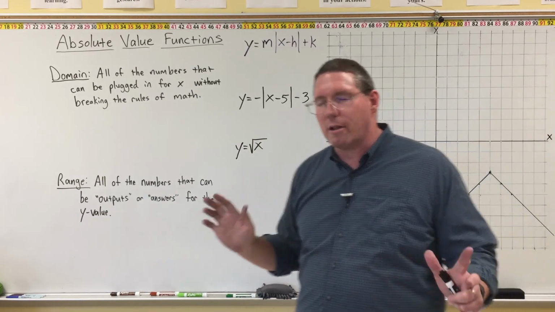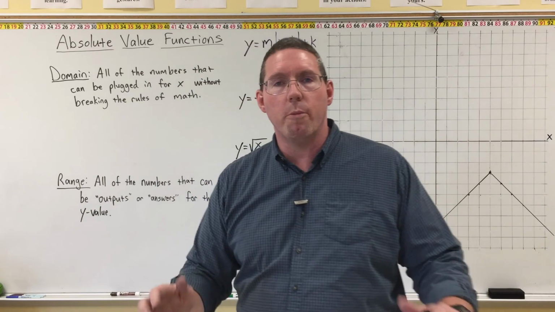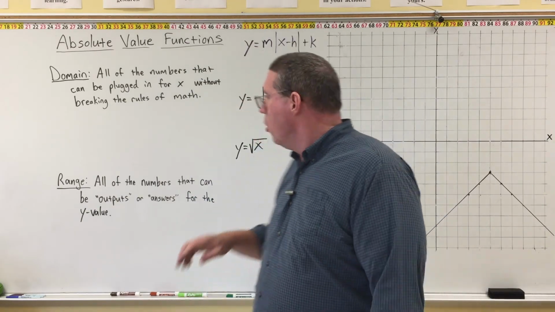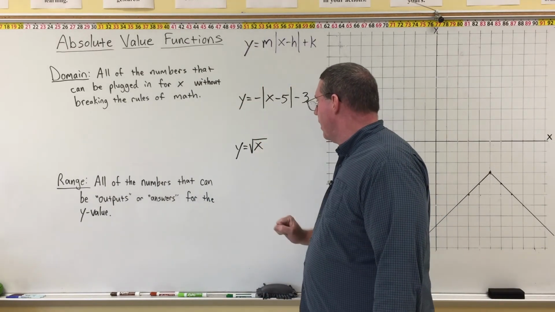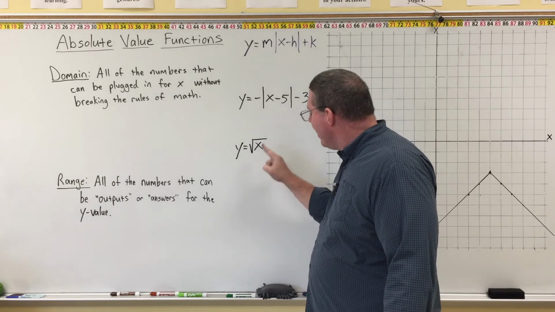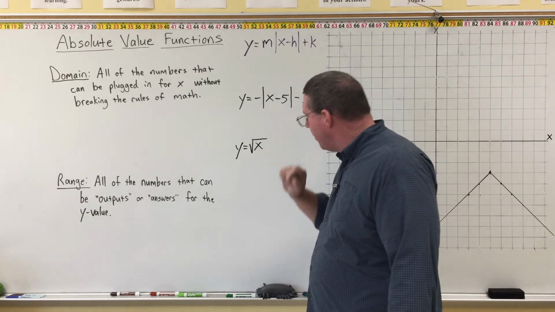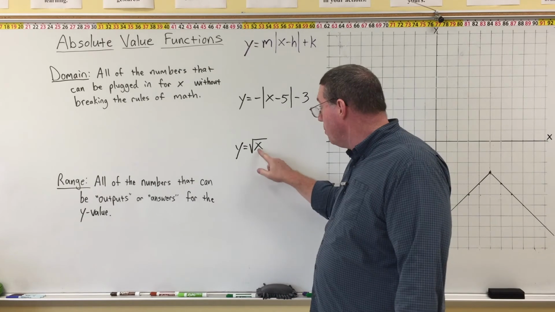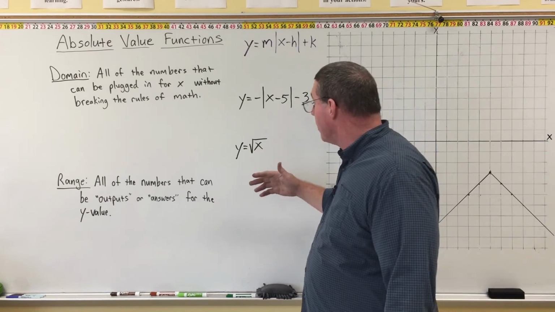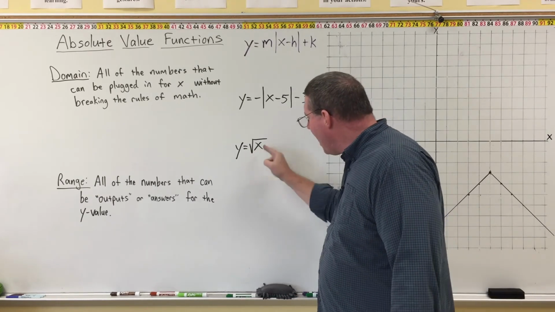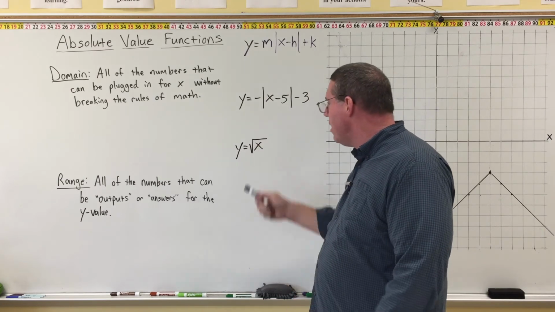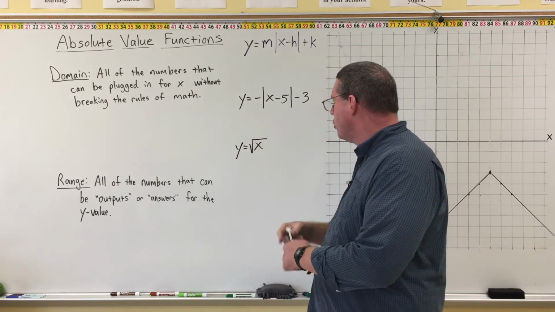Now, I get that there are complex numbers and stuff, but in the normal real number world, we can't do the square root of a negative number. And therefore, you are not allowed to plug a negative value in for x. Now, you could plug in 0, and you could plug in any positive number, but you can't plug any negative numbers in for x in this function.